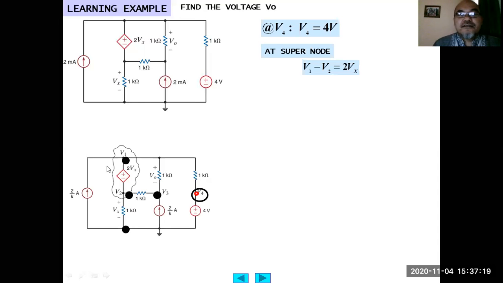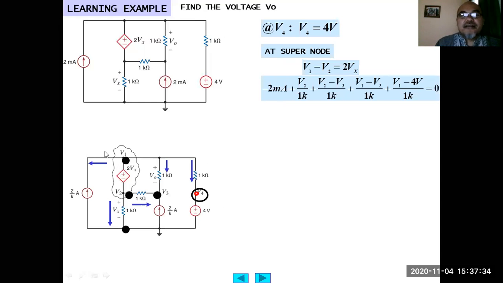Then at this supernode, V1 minus V2 is the constraint equation inside the supernode: V1 minus V2 equals 2 Vx. Then writing the equation at the supernode, since the current is entering into the supernode, we assign negative 2 milliampere, plus this current, which is Vx, or V2, divided by 1 kilo ohm.